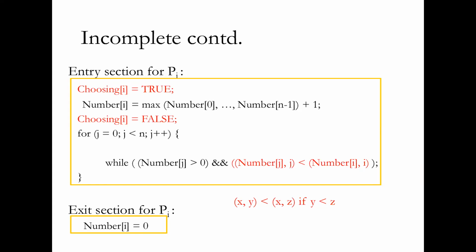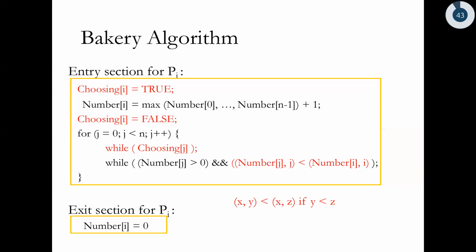And guess what? The other threads will wait. They will wait while I'm choosing J. That means they cannot reliably use my number. They cannot say, okay, I can look at this number and make a judgment based on it, because the number doesn't contain any valid information yet.